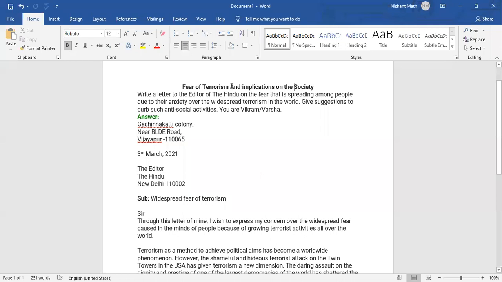Fine. Now in between there is a conjunction. This will never be capital. This should be small. If an article or preposition is used in between, it will never be capital.